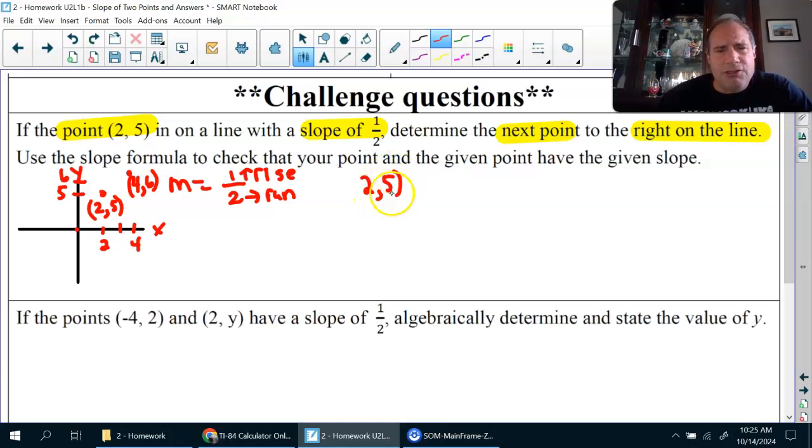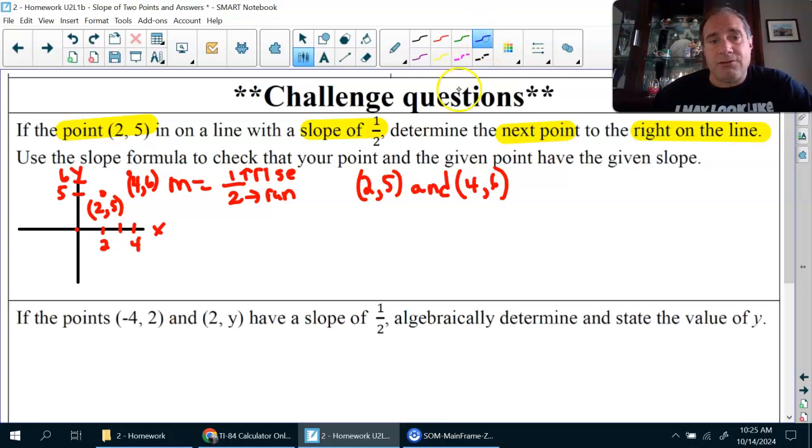So I'm going to just go and do what the question is asking, and the question is asking me to check it using the slope formula. So that's exactly what I'm going to do. So this is my x1, y1, x2, y2, and then I'm going to go and put the y2 minus y1 over x2 minus x1.